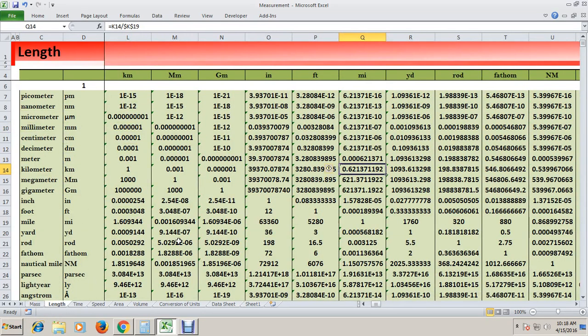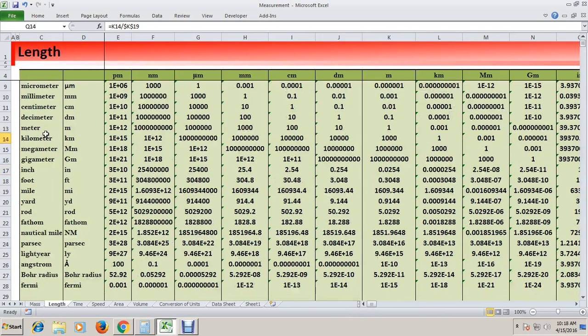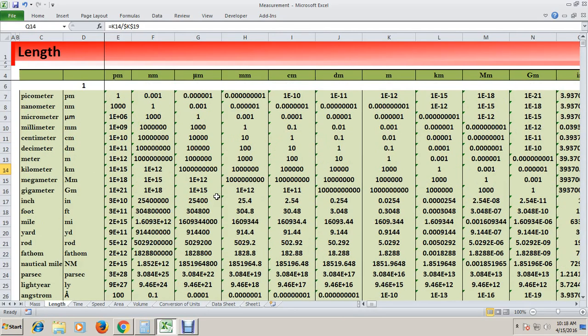If you're going to look at other basic quantities such as length, you can see an array of many conversion factors, many common units. The idea here, since there is a relatively big amount of information, is that it would be impractical for us to memorize each of the conversion factors. But it would be impractical also for you.